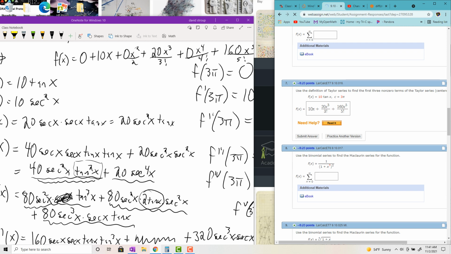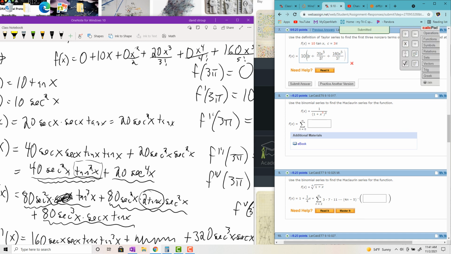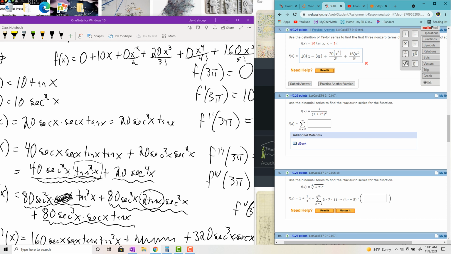Oh, and then you have to go minus the 3 pi, so that's going to be wrong. This has to be x minus 3 pi because it's centered around 3 pi. So I have parentheses and parentheses, and it's trying to help me, but it's not being helpful. 3 pi, and then parentheses minus 3 pi.